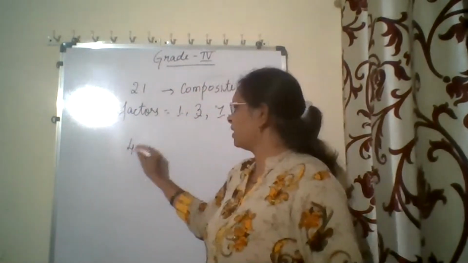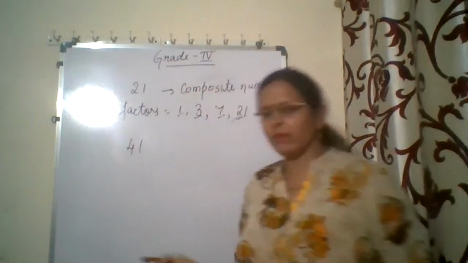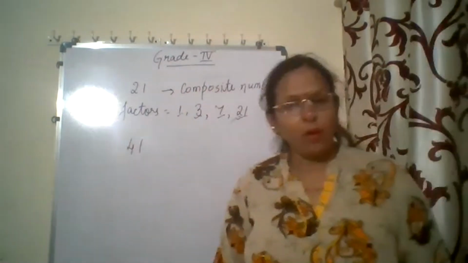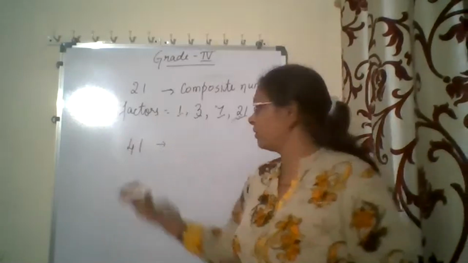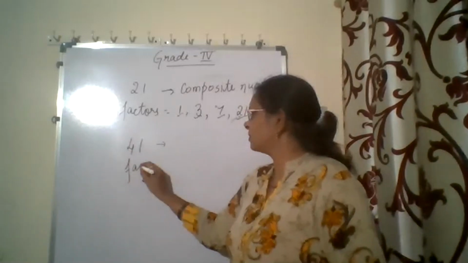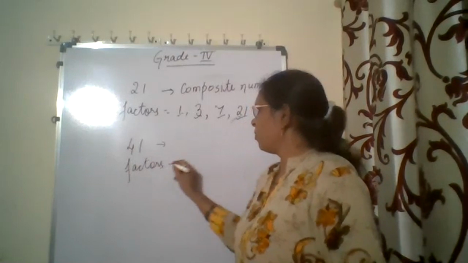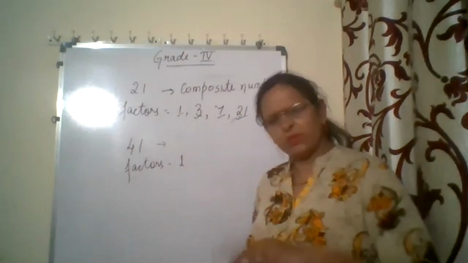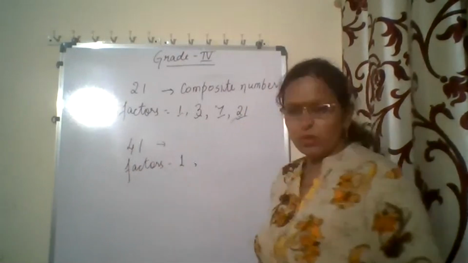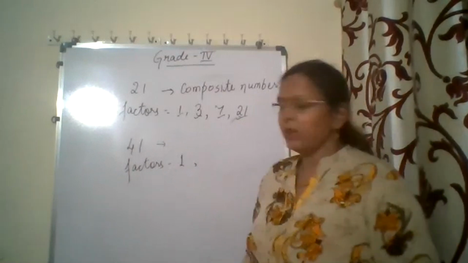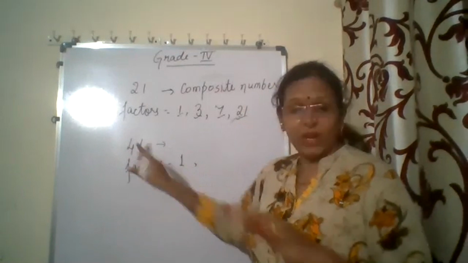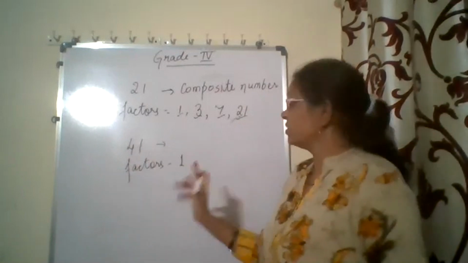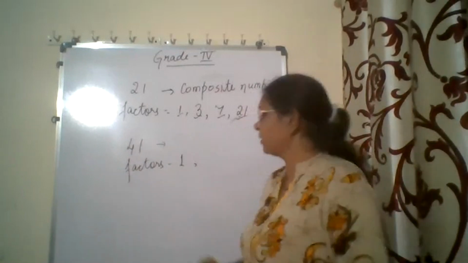Now let's take another number, 41. Check whether 41 is a prime number or a composite. Start finding the factors of 41. 1 divides every number, so 1 is there. Does 2 divide 41? No. Does 3 divide 41? See, 4 plus 1 is 5, and 5 doesn't come in the table of 3, so 41 is not divisible by 3.